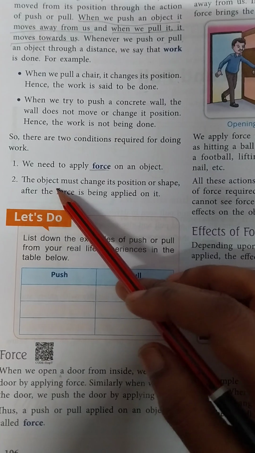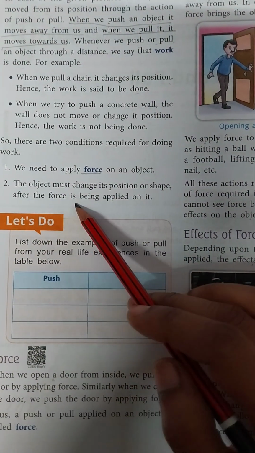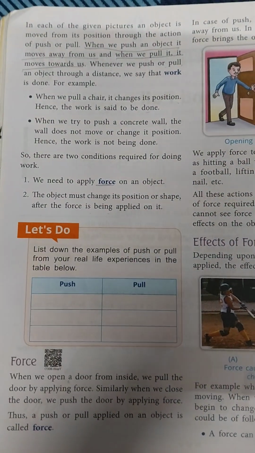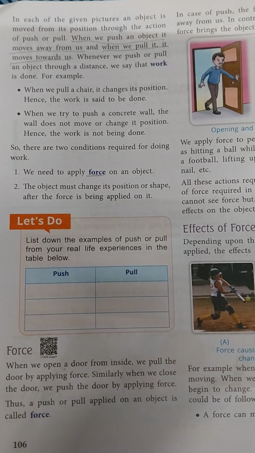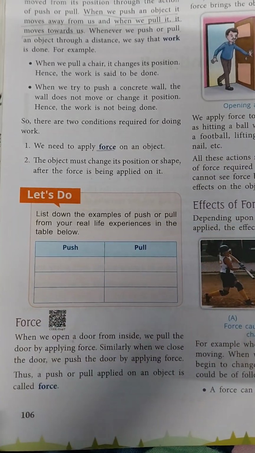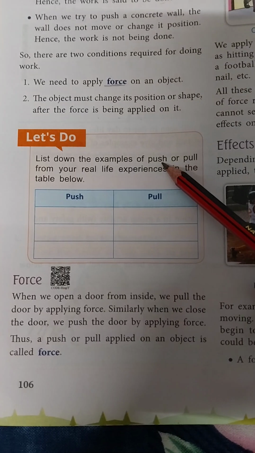Force. The object must change its position or shape after the force is applied on it. So if the object has changed its place, is the work done or not? Done. If the object is not changing its place, then? Not done. Very good.